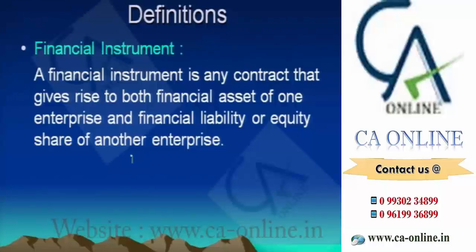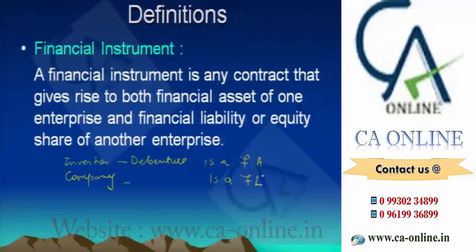Example, debenture. Now there are 2 parties in debenture. One which has purchased the debenture, invested in the debenture. So for the investor, debenture is a financial asset. For the company, the issuing company, debenture is a financial liability.